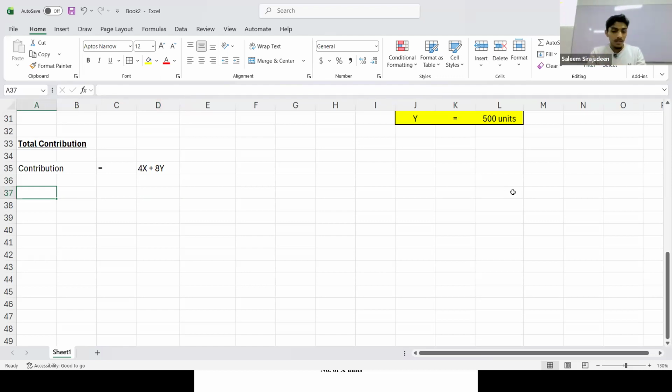So now what are the feasible options you have? You have 4 feasible options. Point A. In point A, how many units of X and how many units of Y? Tell me.